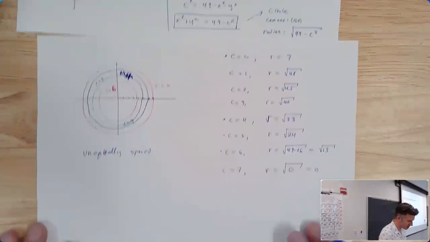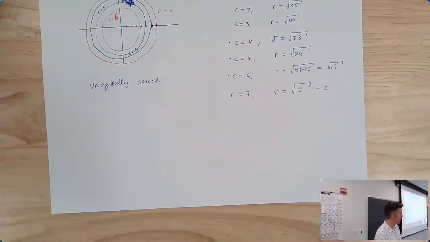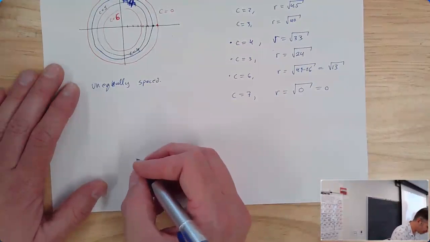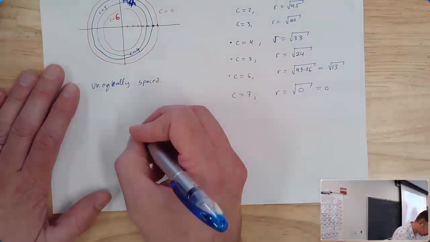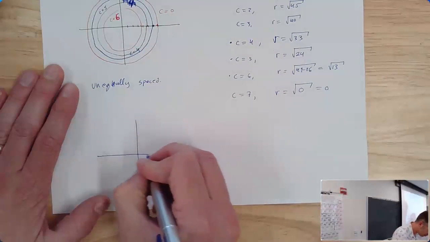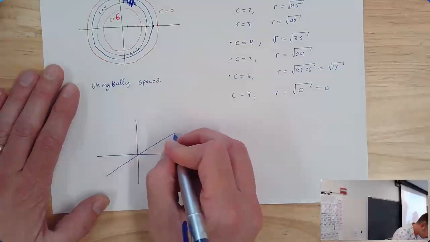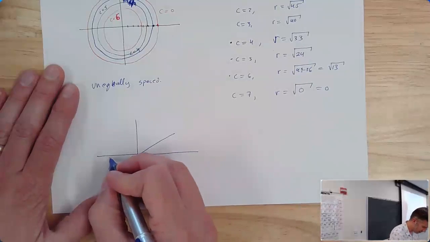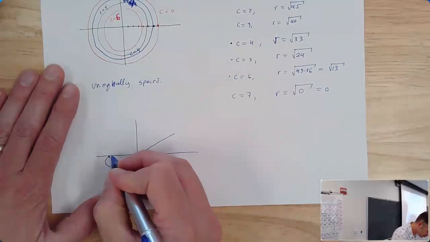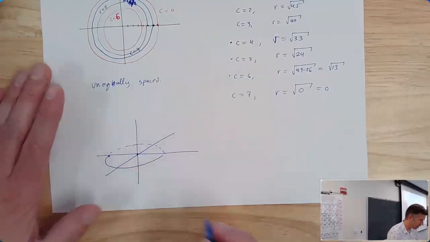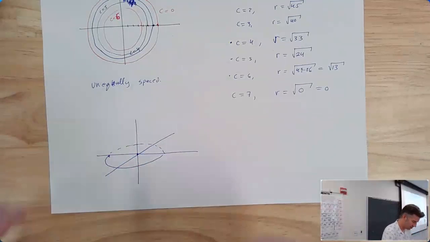So let's see what the surface looks like in 3 dimensions. So here's what we've got. We've essentially got this bottom circle here. And then we've got smaller and smaller circles as we go up.